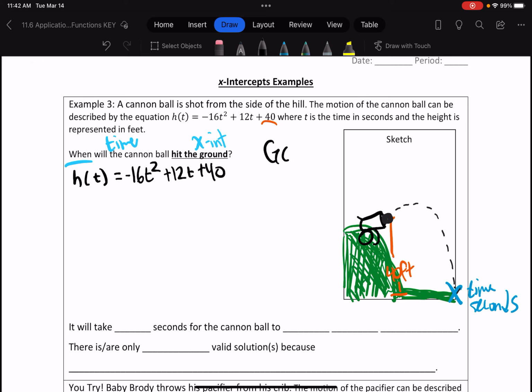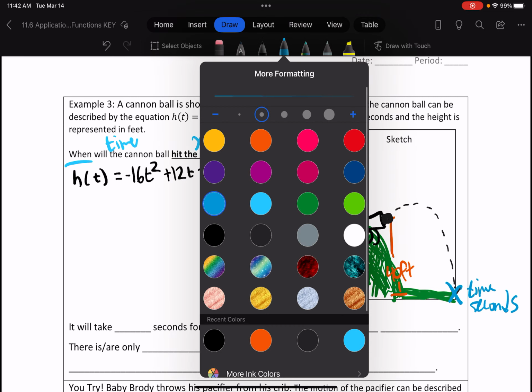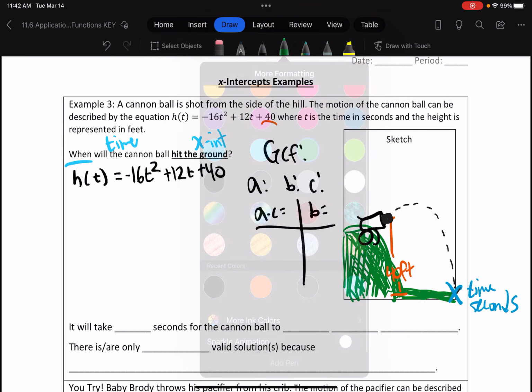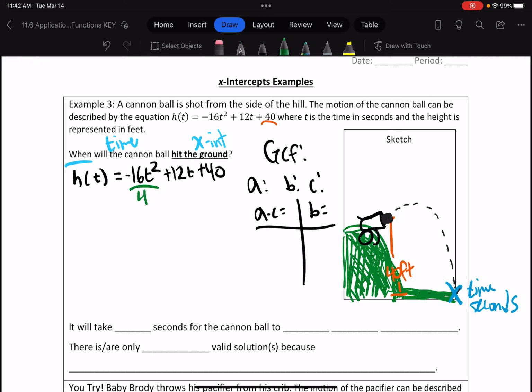So I know I've got to look for a GCF, A value, B value, C value, A times C, and B. So I've got to make my T chart. First thing I always look for is a greatest common factor, and in this case, we have a greatest common factor of 4. So I'm going to divide a 4 out of each of these. I'm going to go ahead and take a negative 4 because we do have a negative initial value.